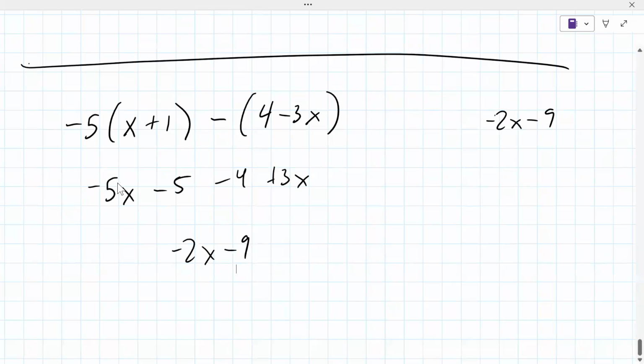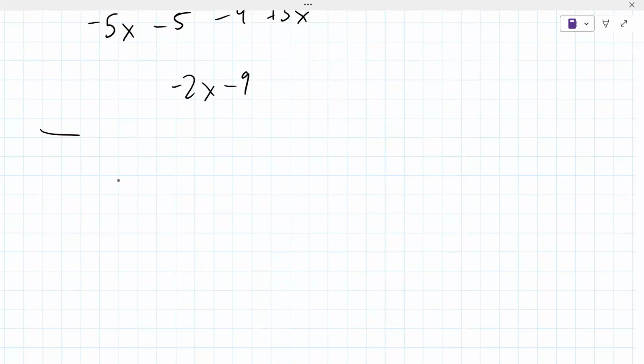All right, good. So let's look at a couple of equations to solve here. Let's say it's 3/4 x equals negative 9. X equals negative 12. That work?